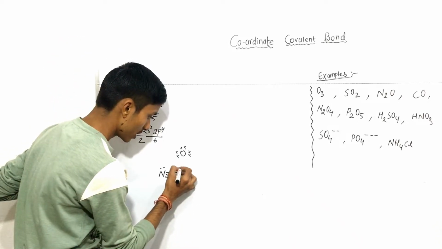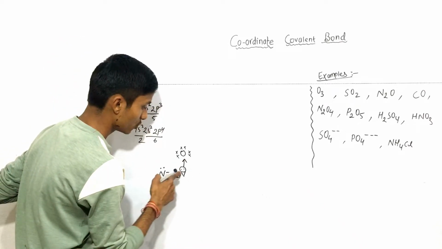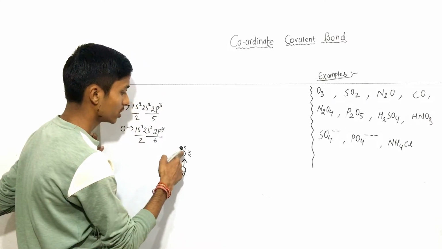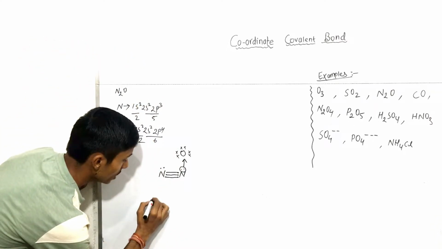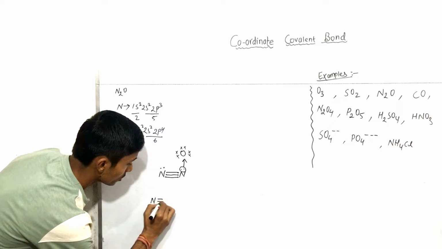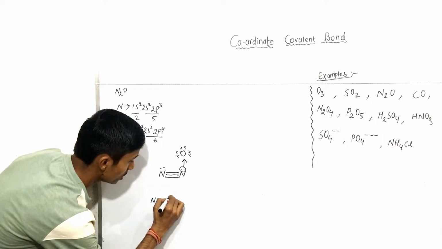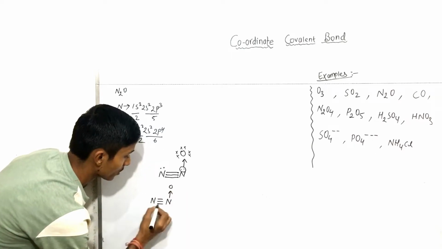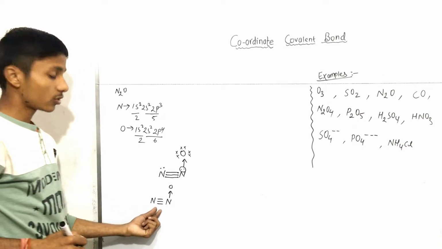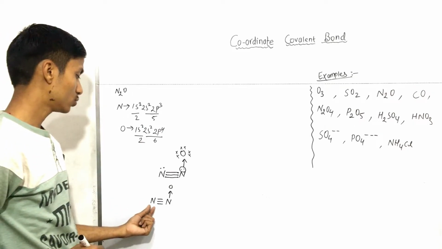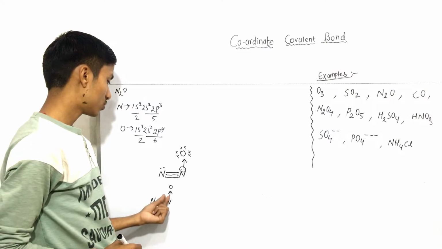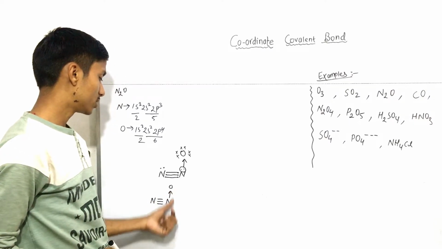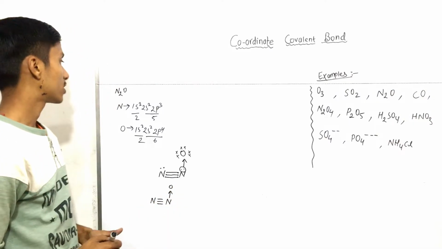Here I am donating from this one. So 1 pair of electrons is donated to this oxygen atom. Now we can write here the coordinate covalent bond. Here this is the coordinate covalent bond. This is a triple covalent bond between the 2 nitrogen atoms, and a coordinate covalent bond exists between this oxygen atom and 1 nitrogen atom.